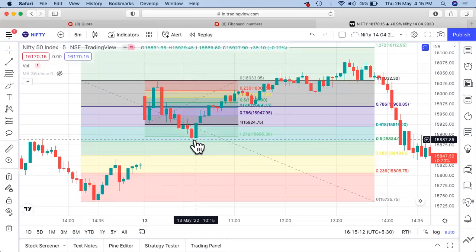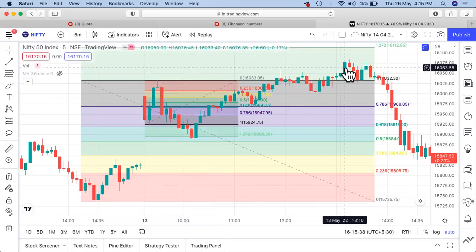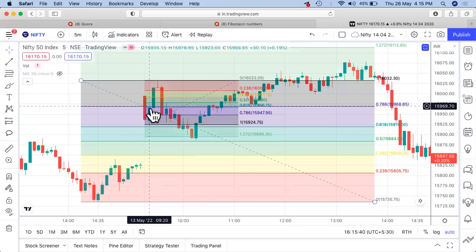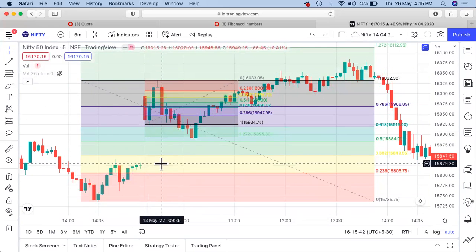If it goes beyond this 895.3, and if it is not crossing below this 884, I can probably take an entry between these levels, that is 15,884 and 15,895. That gives me a good entry level, because I know this 1.272 extension has been completed, and after that I'll be able to go up, right? So this can be done in various time frames. We'll take one more example.